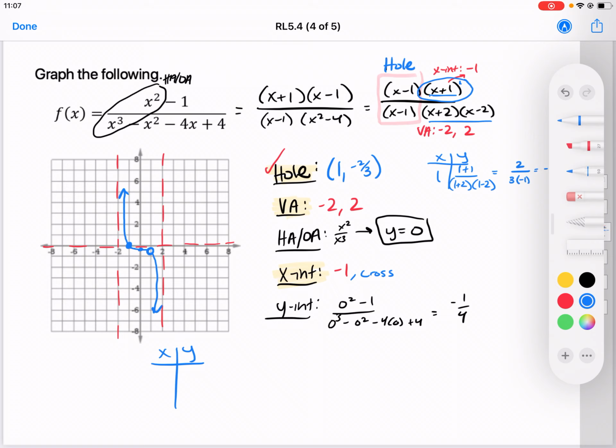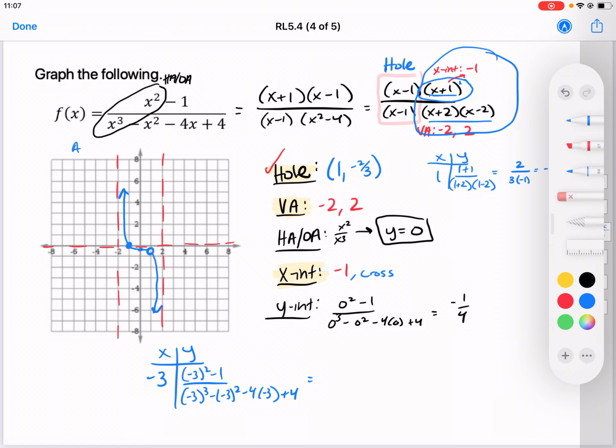So let's go to our left side. This is our farthest left side, section A. I'm going to plug negative 3 in. That way I get negative 3 squared minus 1 over negative 3 cubed minus negative 3 squared minus 4 times negative 3 plus 4. I could have also just used the remaining stuff. In fact, let's do that because that looks a little easier. You can go to either the original or the simplified.